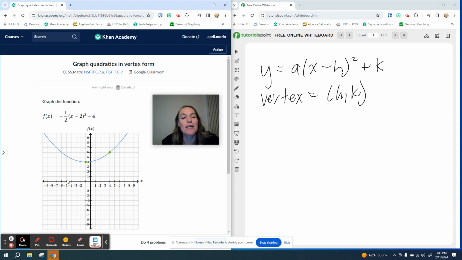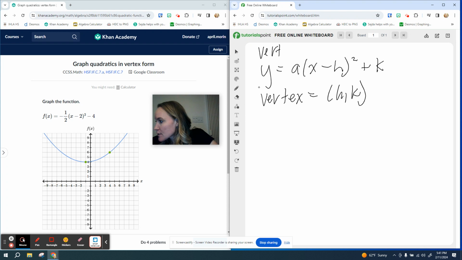So that happens sometimes. When this happens, we have the vertex form. This is called the vertex form of a quadratic equation. And that means that we can just look at the equation and then write down the vertex.